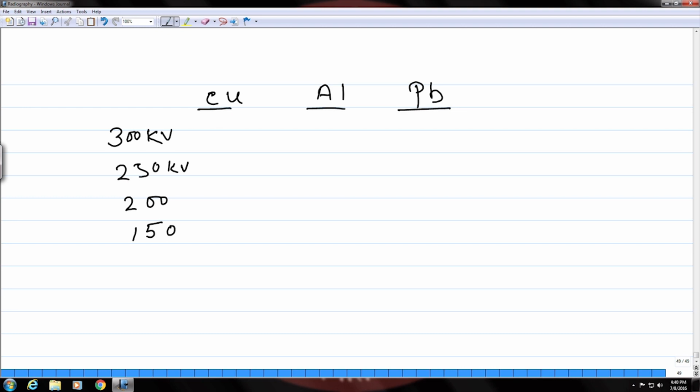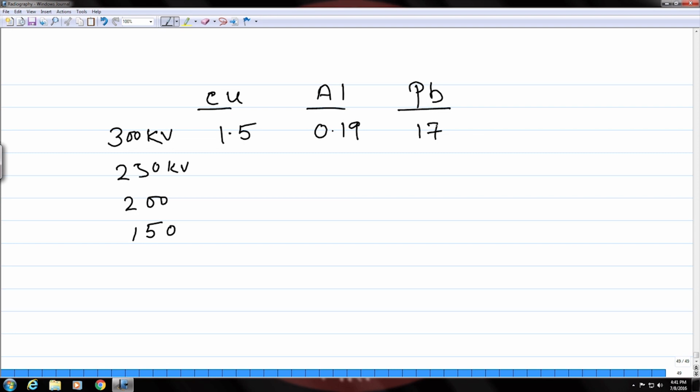So, for 300 kilovolt, for example, for copper, the conversion factor would be 1.5. Similarly, for aluminum it is 0.19, and for lead it is 17.